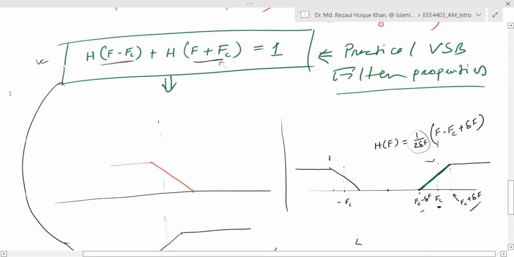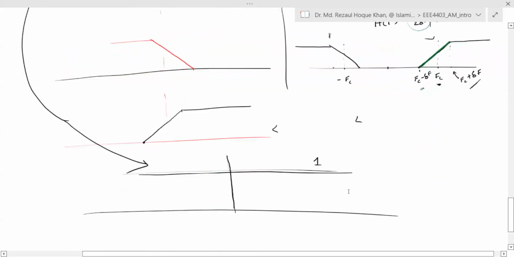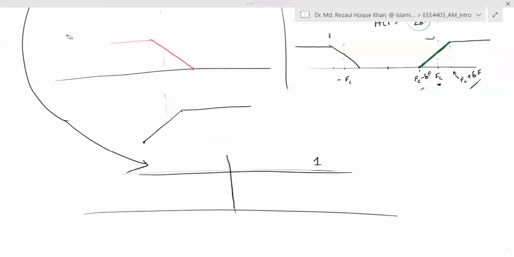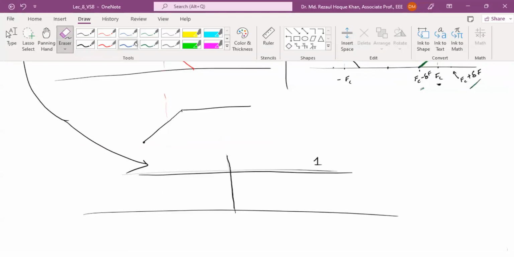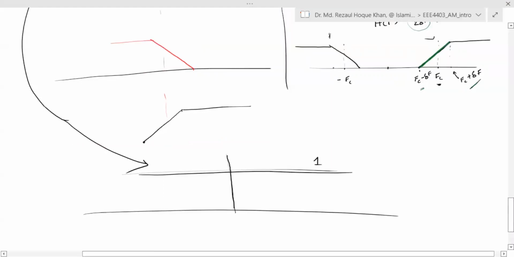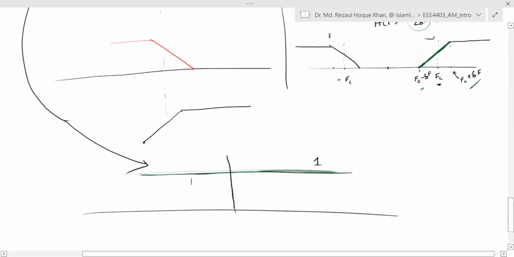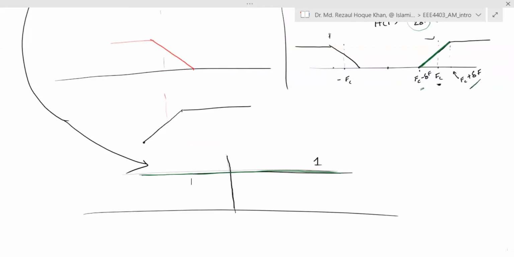Okay. Now, when we have this one, we finally found, by combining these two, this one. What are the properties here? So the practical high pass filter which satisfies VSB properties.